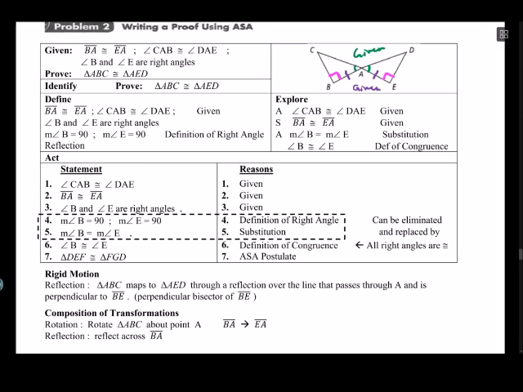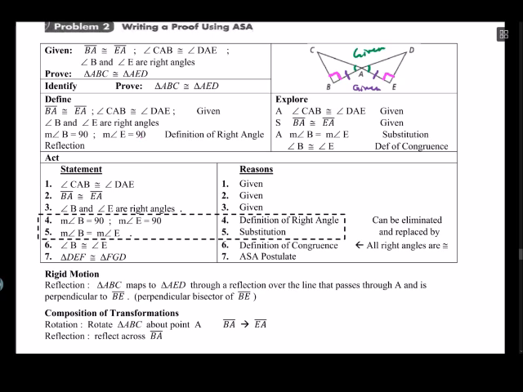I see some right angles. Do you remember our theorem about right angles? So we are given two of our angles and a set of right angles. So in our Explore, we write angle, side, angle. We know that both right angles are 90 degrees, which means our measures are equal.